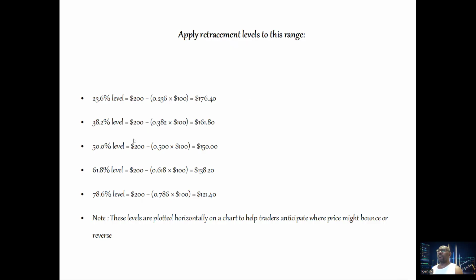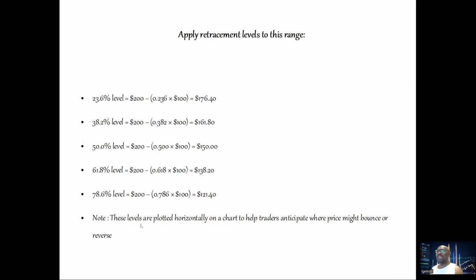You don't need to complicate things here. When you multiply this, that means you have opened the bracket. With the answer, you now say 200 minus the answer, and it will give you this. The same thing applies to this one, like this, and like this. That is how you use the range to work out these levels.